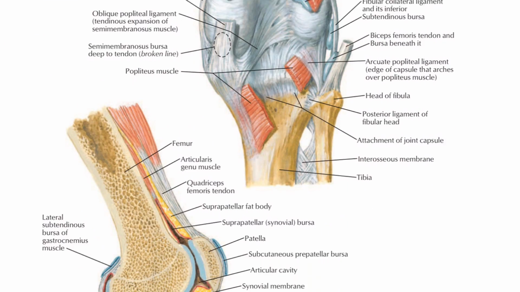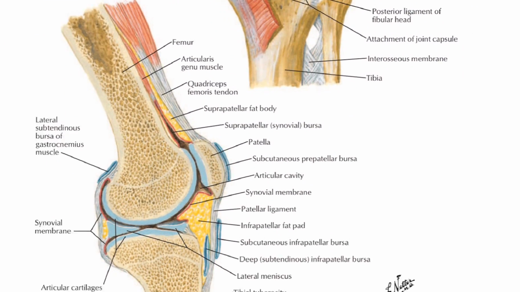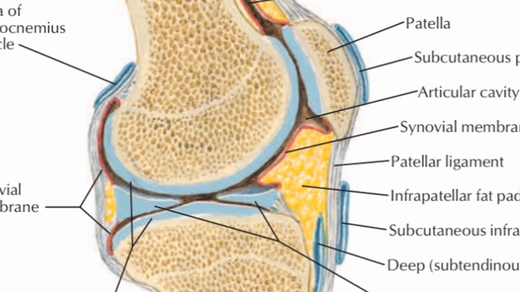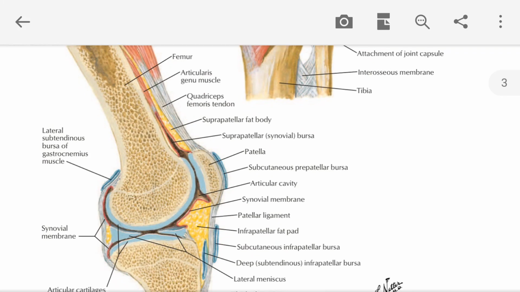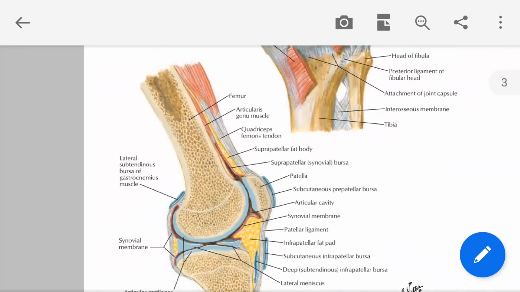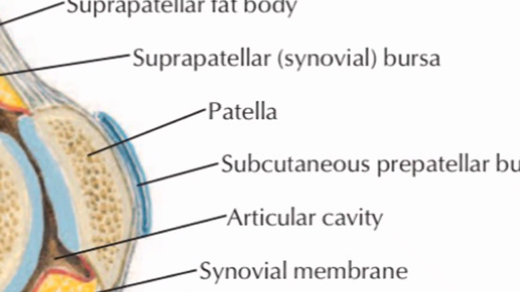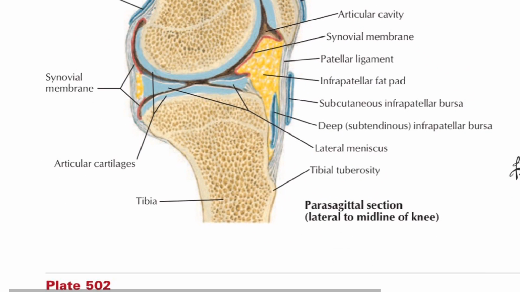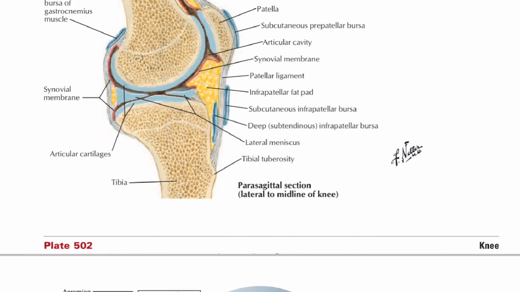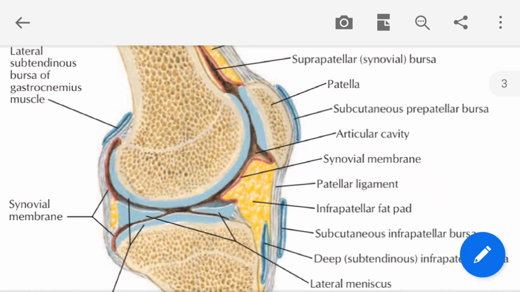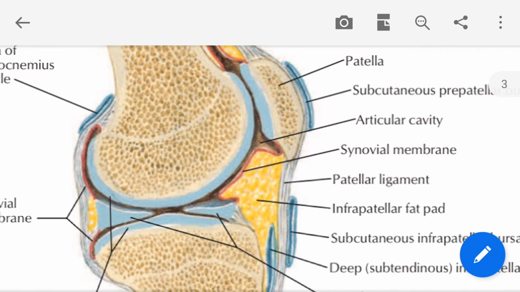This is our knee joint. This is the knee joint, a synovial joint, and here you can see the femur is shown. So the knee joint is formed between the femur, patella, and the tibia. Knee joint is an example of the synovial joint.